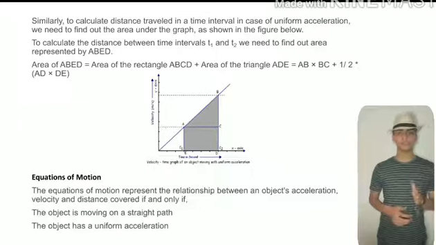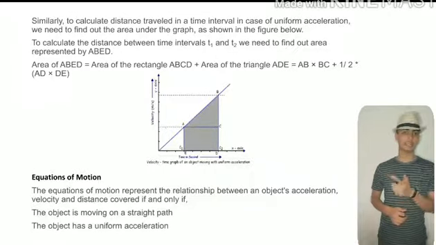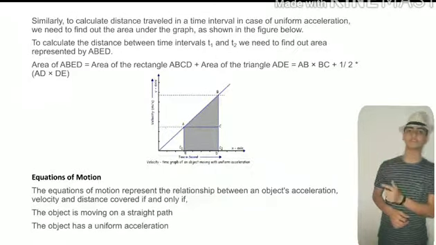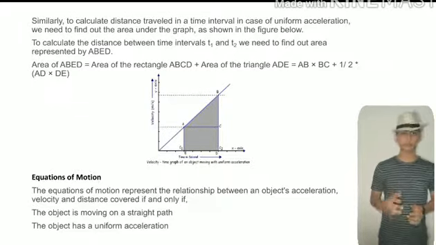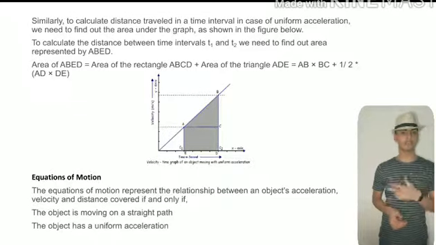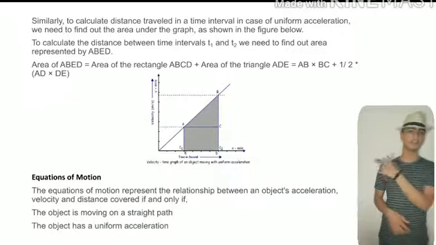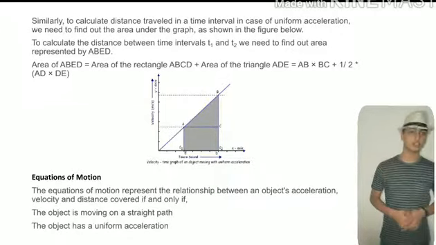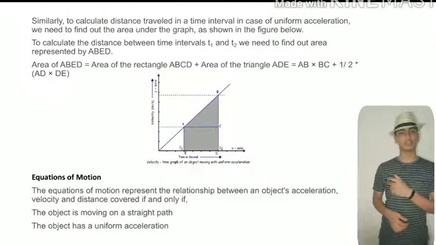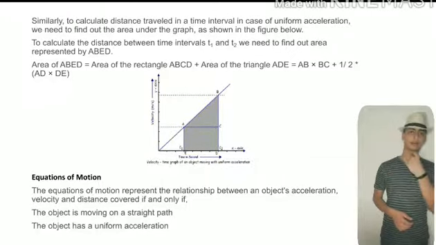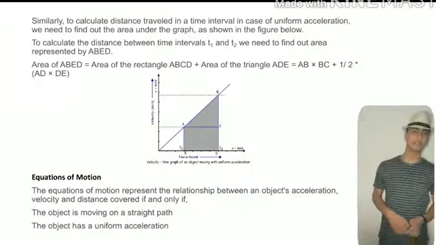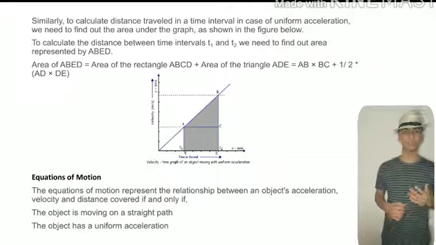The area of ABED is the area of rectangle ABCD plus the area of triangle ADE, where the area of the rectangle is AB into BC, whereas the area of triangle ADE is half into AD into DE. By this we can find the areas enclosed by a graph which is parallel to the x-axis, as well as a graph that is inclined at 45 degrees from the x-axis.